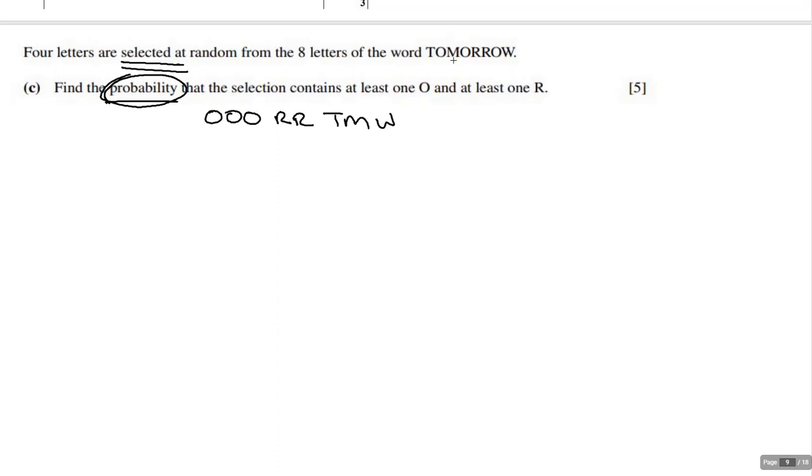First, we've got to figure out our scenarios. What's the criteria? They have to have at least 1 O, and they have to have at least 1 R. Then we're picking how many? 4 letters. So here we go to the first scenario. Kayla, give me something. How can I meet this criteria?